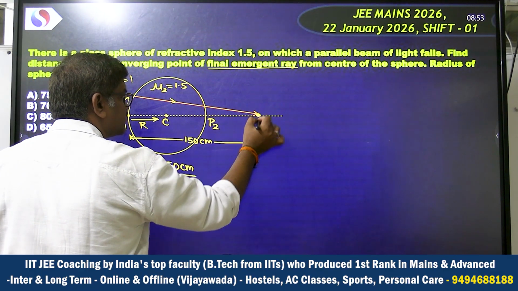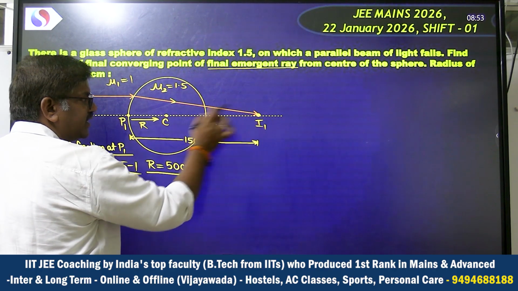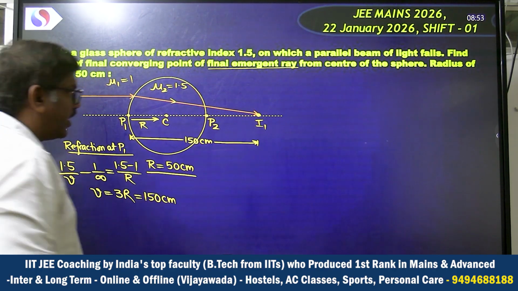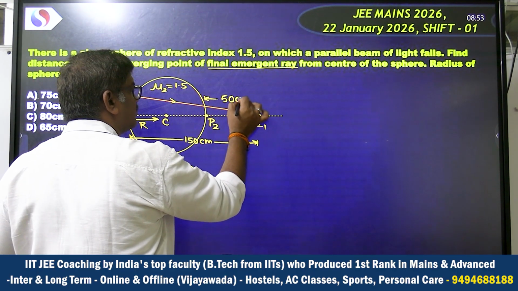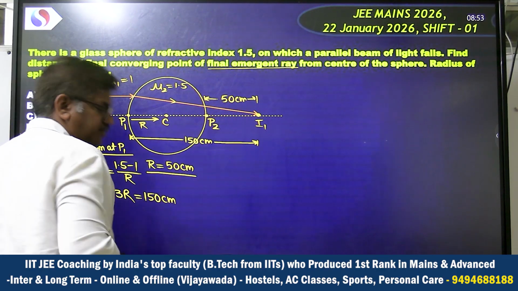This is the image formed after the first refraction. Now this position of image 1 behaves as an object for P2. For P2, this distance becomes 50 centimeter, because this is 150, this is 100, so this is 50.